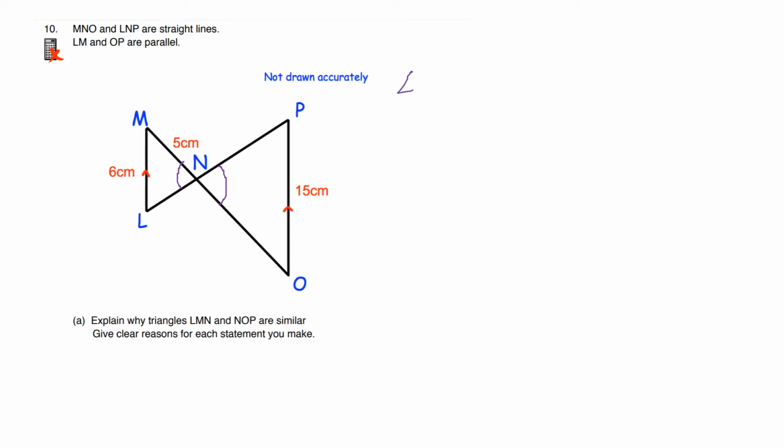So we can say angle LNM is equal to angle ONP, and that is because they are vertically opposite.